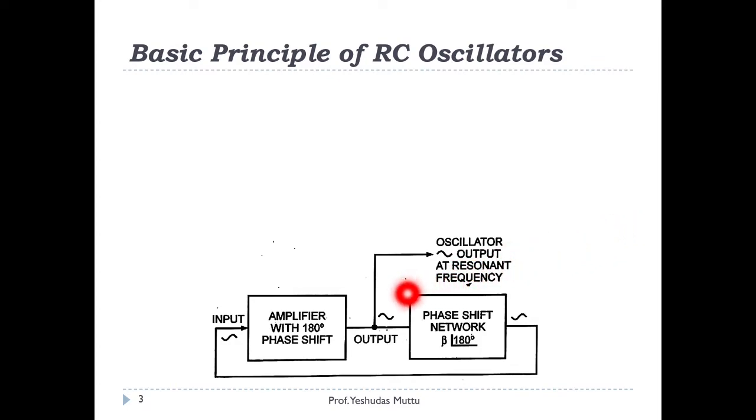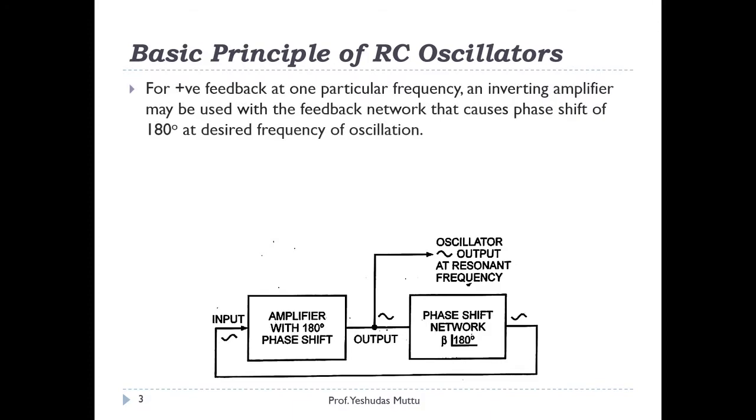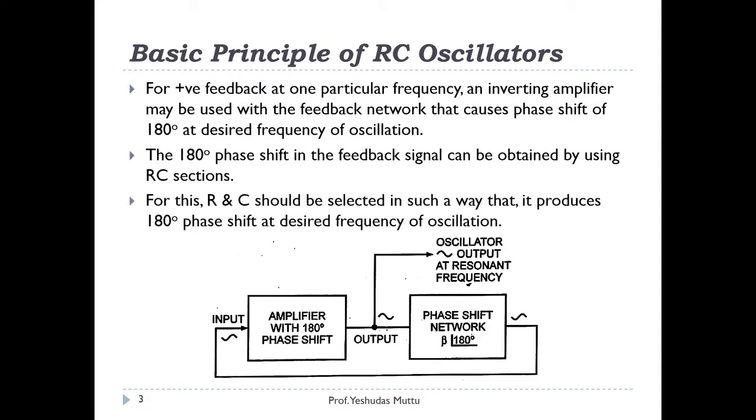Now the question is, which components are there in the phase shift network? Definitely R and C. But how many RC networks do I need so that it produces 180-degree phase shift? I need to select R and C in such a way that it produces 180-degree phase shift at the desired frequency of oscillation.